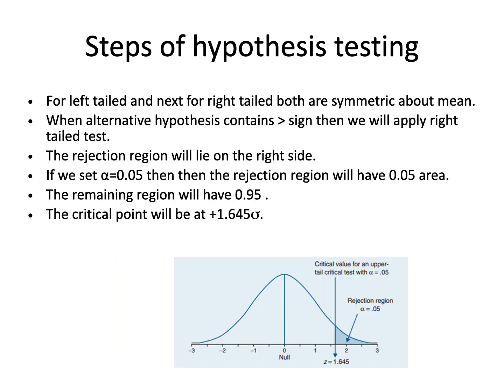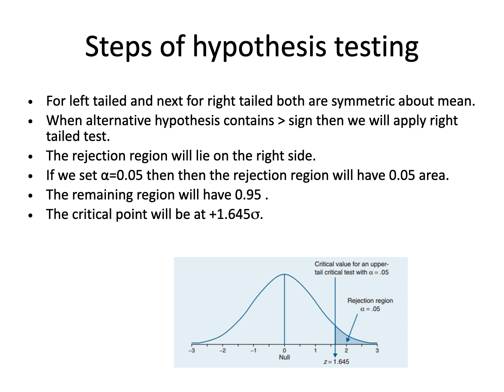And let's see the one tail test, one for left tailed and next for the right tailed. Both are symmetric about the mean. When the alternative hypothesis contains a greater than sign, then we will apply the right tail test, and the rejection region will lie on the right side.